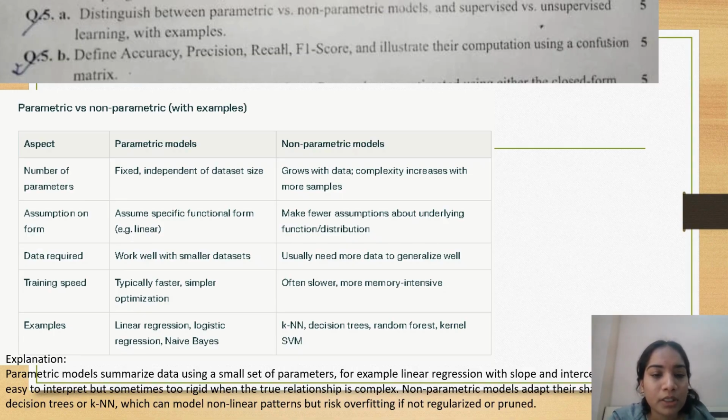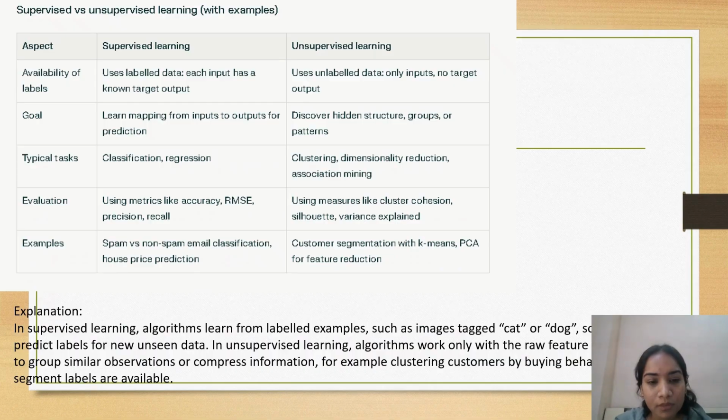Parametric is simple and faster to train, but non-parametric is flexible and captures complex patterns. Parametric disadvantages are that it may underfit if assumptions are wrong, and non-parametric requires more data and is slower. So parametric models make assumptions about the data, while non-parametric models learn patterns directly from the data.